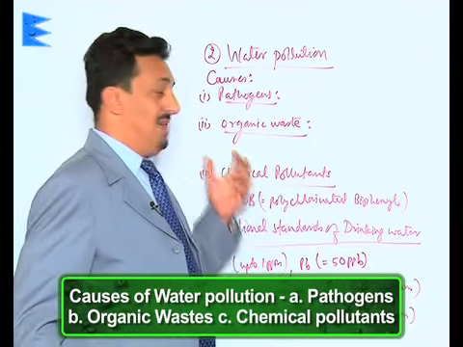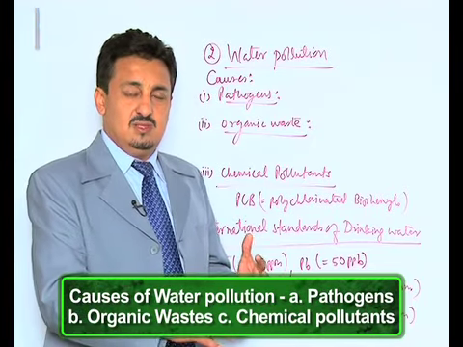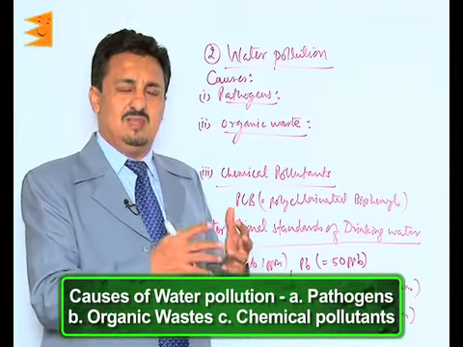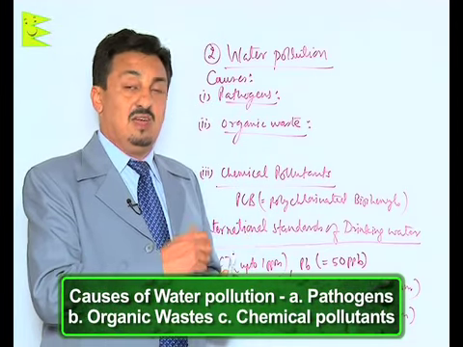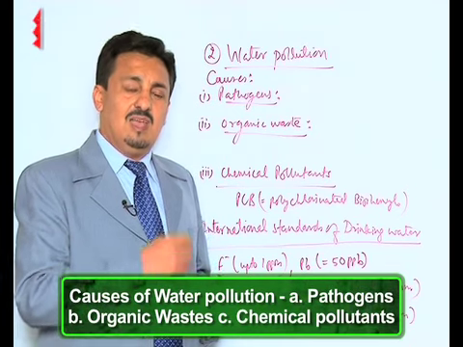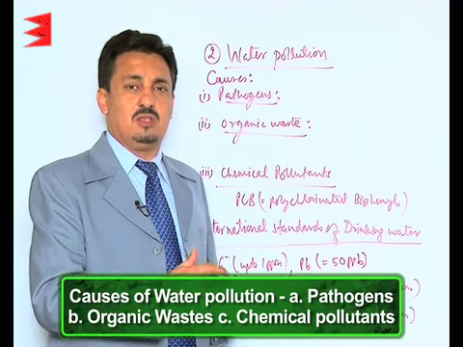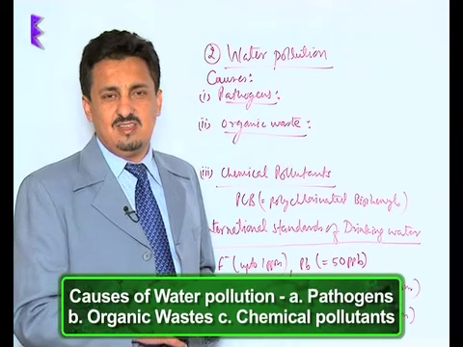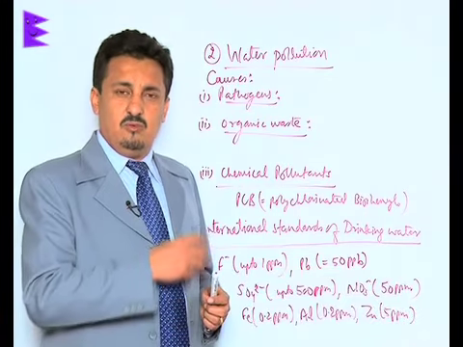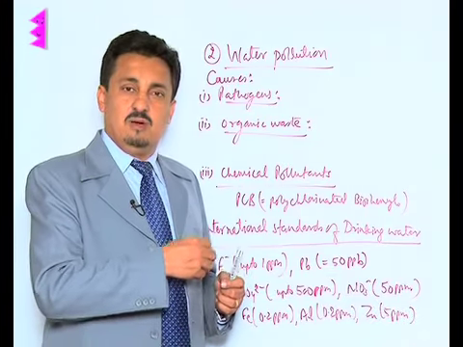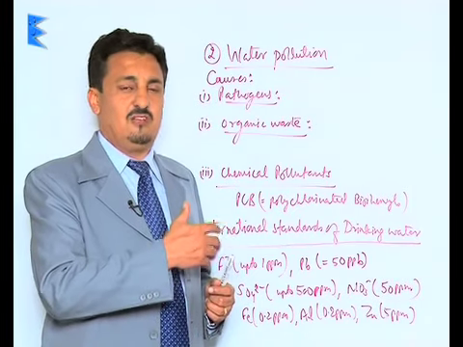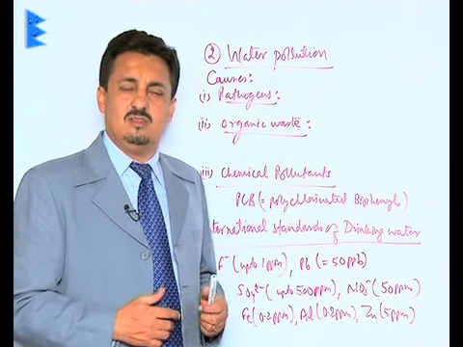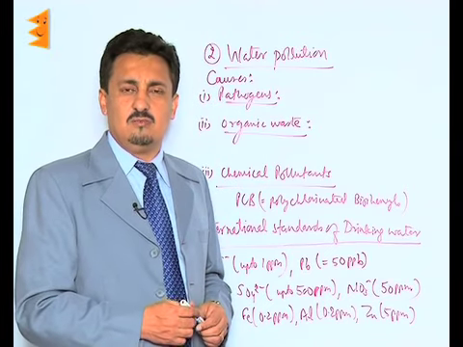The first includes the pathogens, the living parts. It includes the bacteria, the algae, the fungi, and other things which are there in the water mainly because of human waste or animal excreta. What we see is that in a lot of cities, the sewage waste is just drained out into the rivers and other water sources.